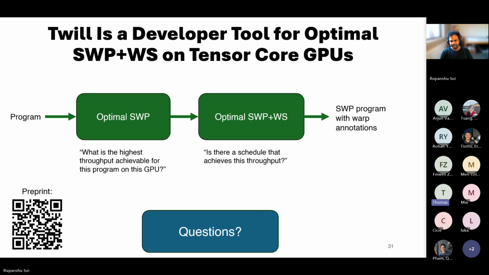But you control those things, right? In TTGIR, you control the TMEM allocations. You control the WGMMA. What part of the compiler would be blocking you?